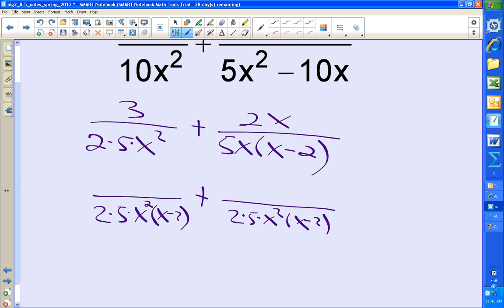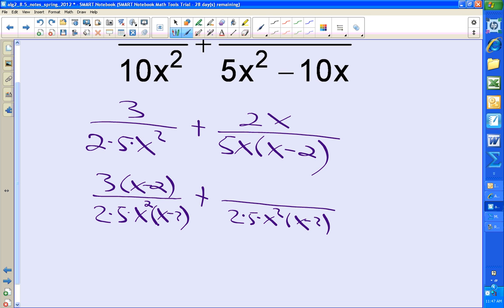What do we do to the left denominator to get down to the LCD? What do we multiply by? x minus 2. So we multiply the top by x minus 2, in parentheses. What do you do on the right-hand side to get to the LCD? We need another 2, multiplied times the 5 to get the 10.